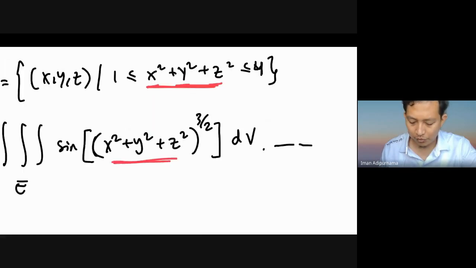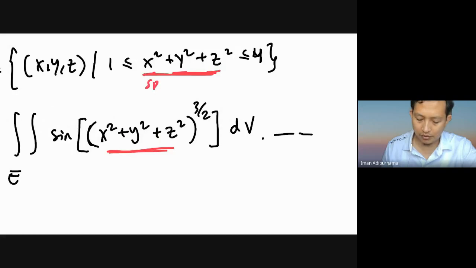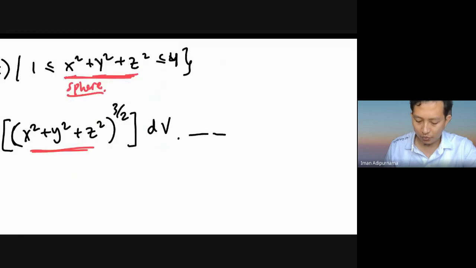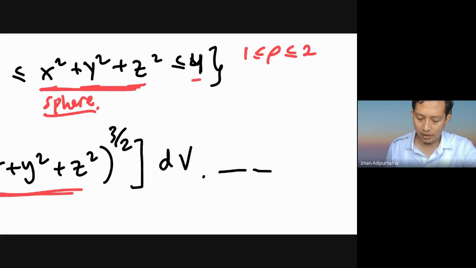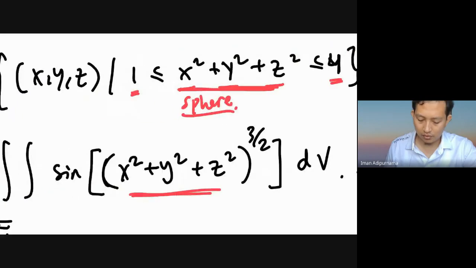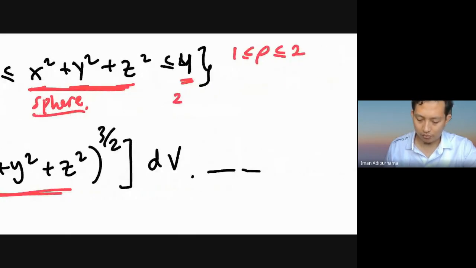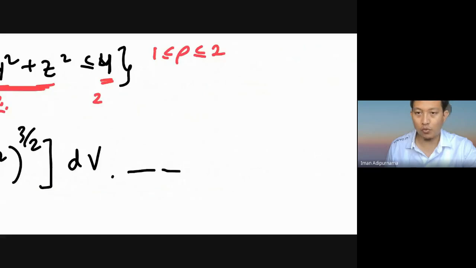So by the information here, you know that this is a sphere, right? Which means you can use the spherical coordinates equation, right? So this will be telling you that rho is from 1 to 2. The radius is from 1 to 2.